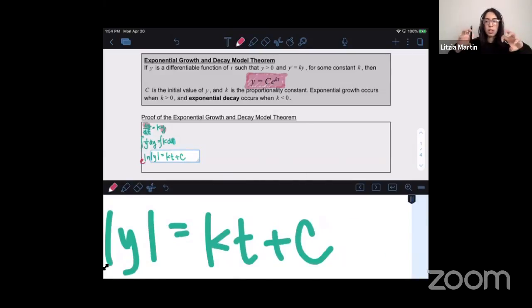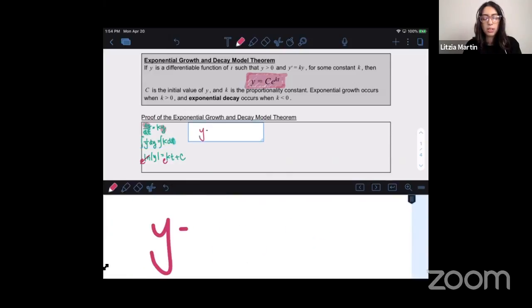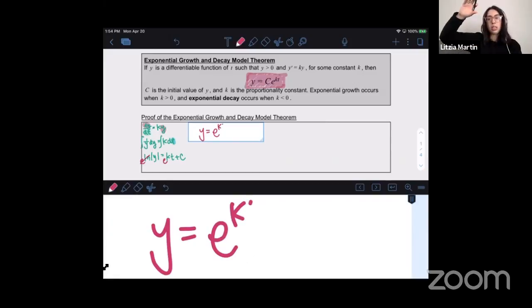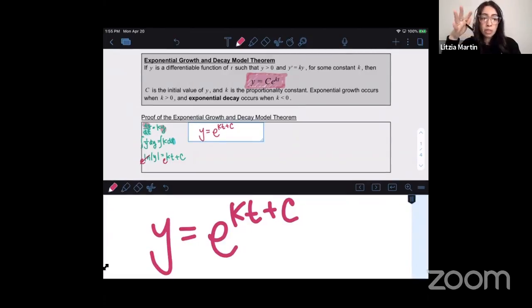So that whole thing gets raised up. So we have e to the ln y, and that e and ln get canceled out, leaving me with y is equal to e to the kt plus c, because that whole thing gets placed into the exponent. And we're almost there.